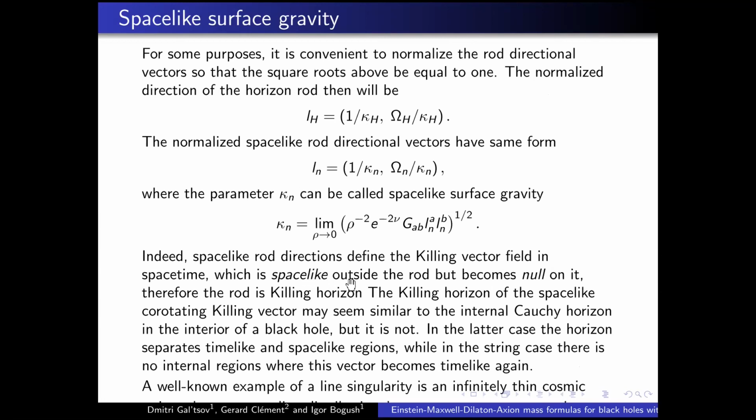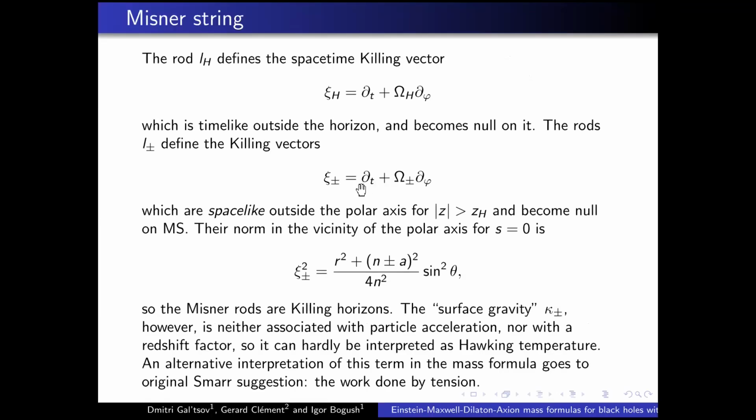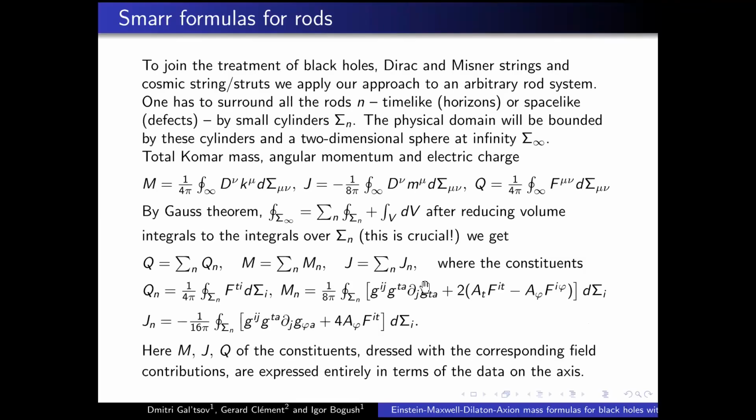I don't know about interpretations, it's more complicated, but actually, formally, it is also a Killing horizon, but a Killing horizon for that Killing vector. So one Killing vector is well known for rotating space-time, and another is associated with space-like rods. But for instance, its norm is actually 0 because of sine of theta.